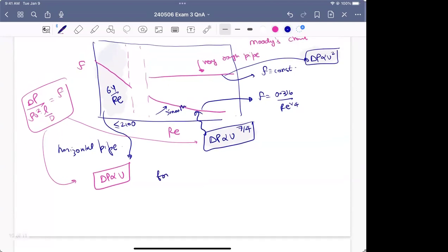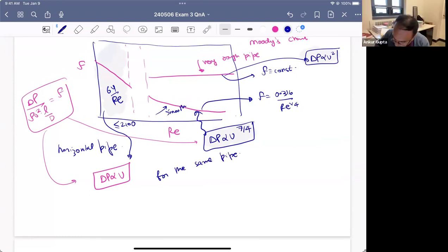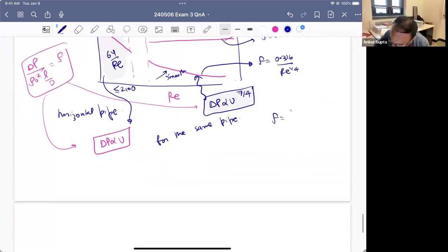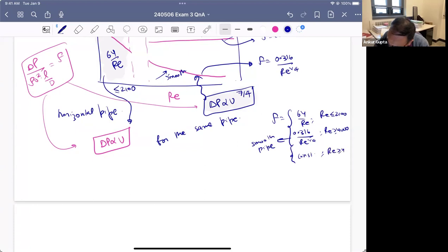Sorry, what's the friction factor for the smooth pipe? So friction factor is 64 by RE for RE less than 2100, 0.316 into RE to the 1/4 for RE greater than 4000 for a smooth pipe, and some constant number which will be given to you for RE greater than 4000 for a rough pipe.